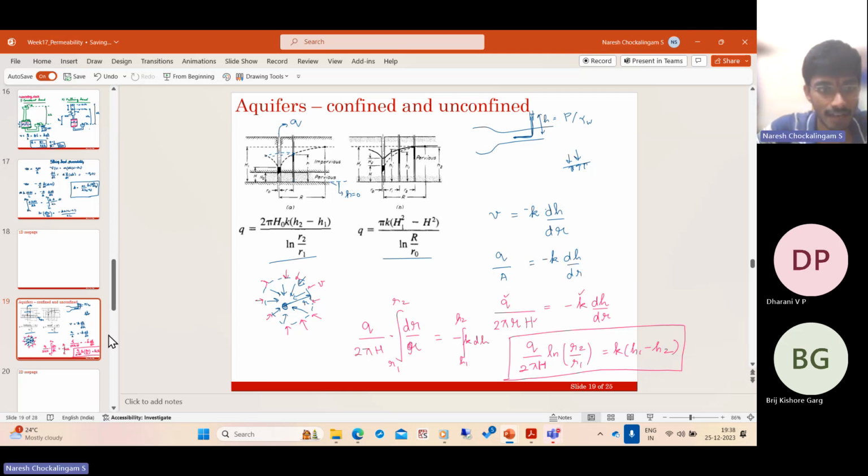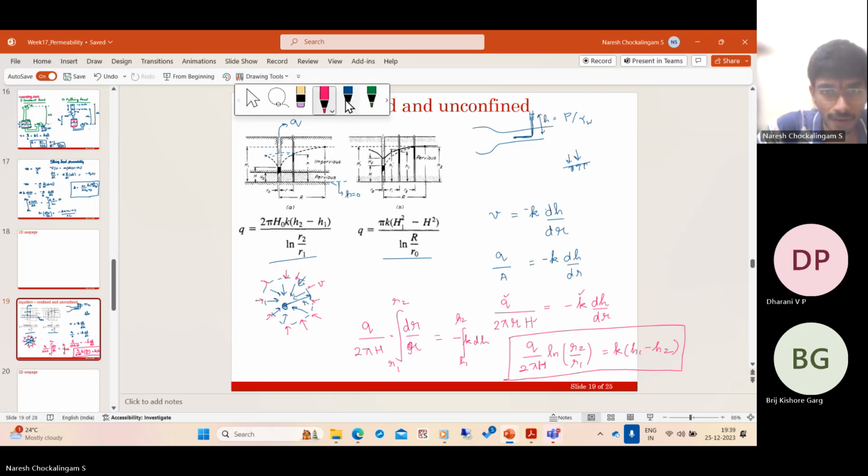Similarly, for an unconfined aquifer, so this is for a confined aquifer. So the head is decreasing towards the flow, towards the center. And R2 is greater than R1 and H2 is greater than H1.